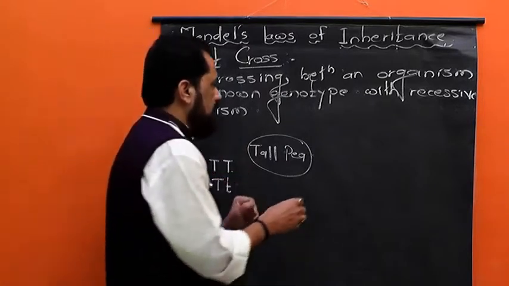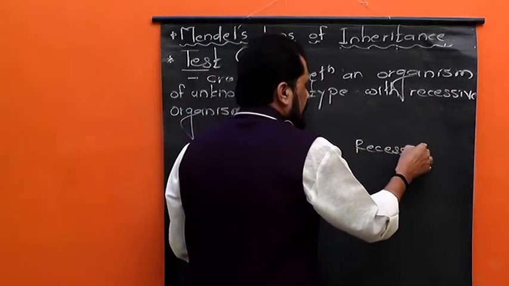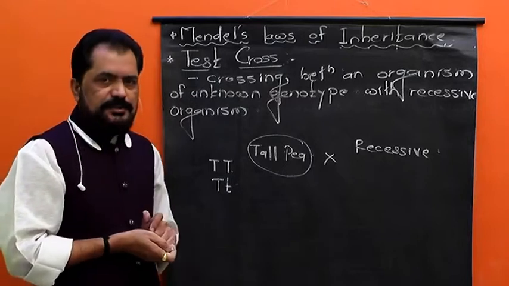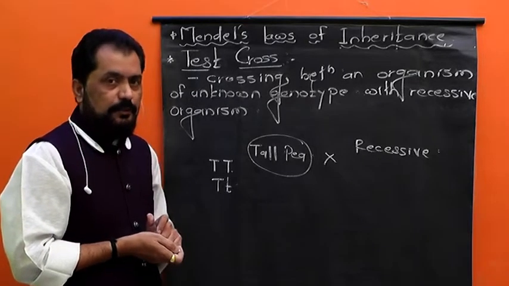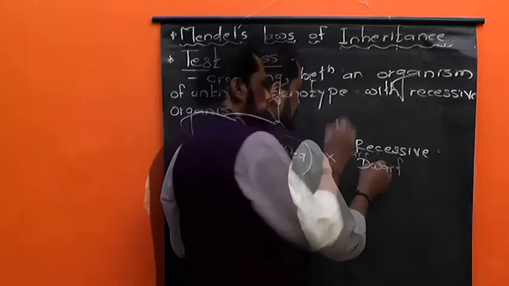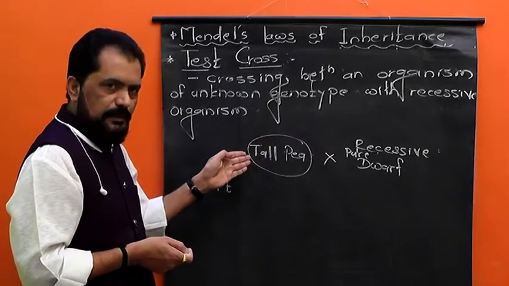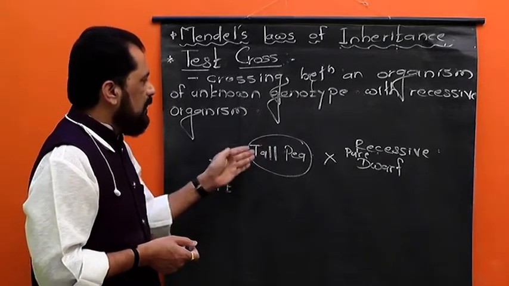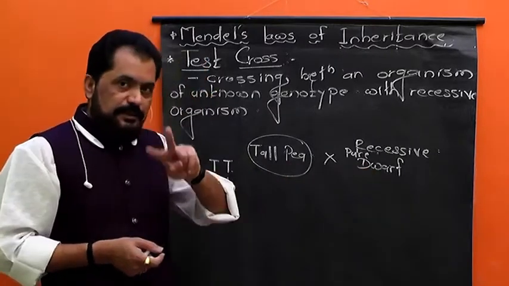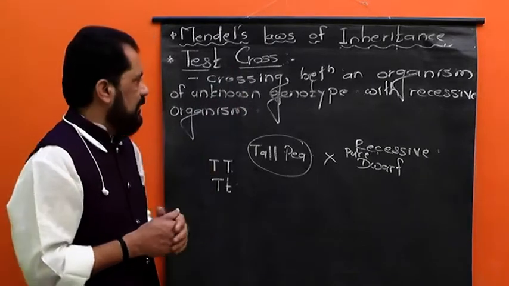this tall pea plant is crossed with a recessive pea plant. As far as the character height of pea plant is concerned, we know the recessive character is dwarf. So if the tall pea plant is crossed with a pure dwarf pea plant, then this cross is nothing but the test cross. Listen once again.